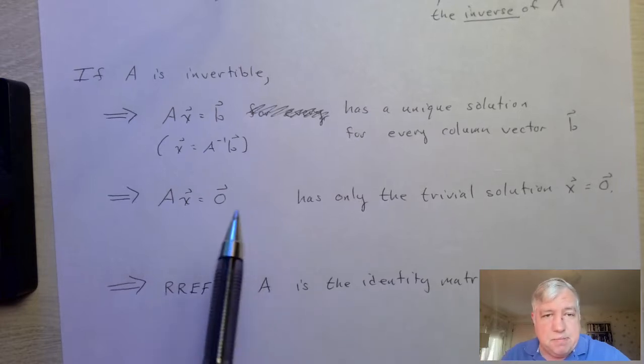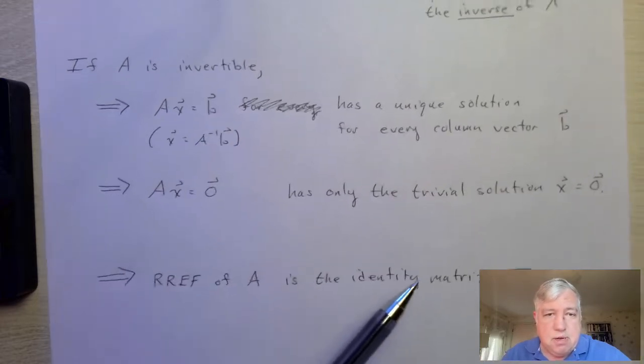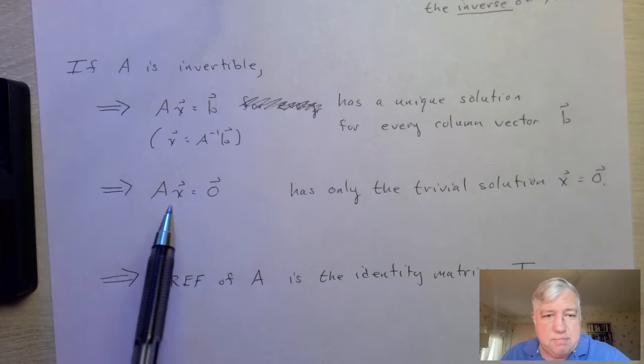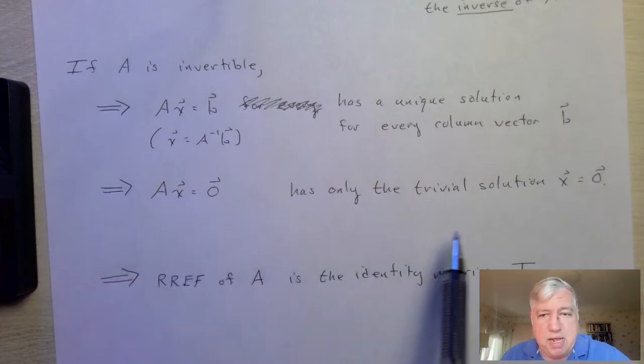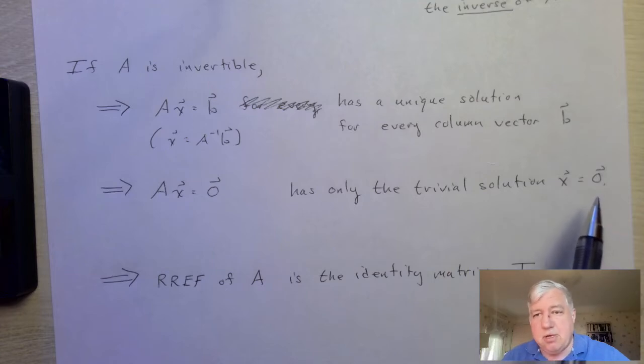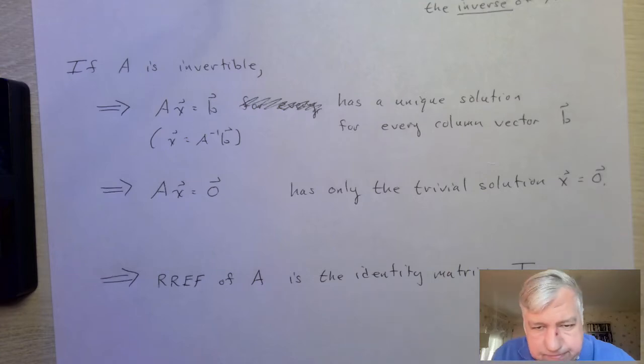A special case of this is when B is 0. Then AX equals 0 has only one solution, and that has to be the trivial solution given by X equals 0.